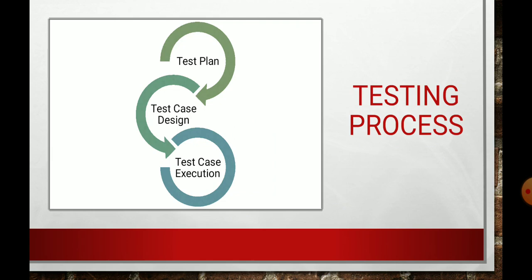The inputs for forming the test plans are the project plan, requirement document, and architecture or design document. The project plan is needed to make sure that the test plan is consistent with the overall quality plan for the project and the testing schedule matches that of the project plan.